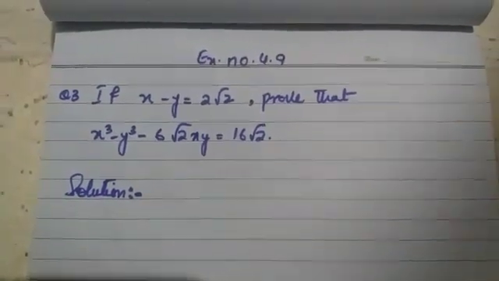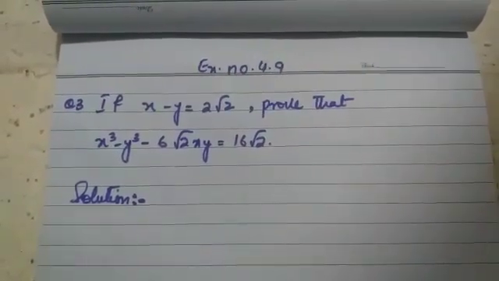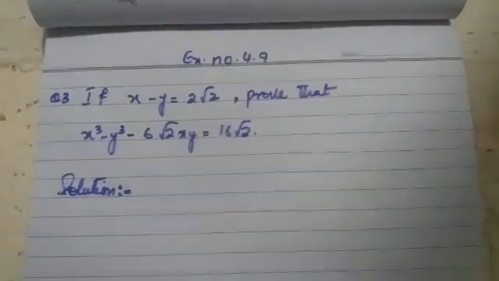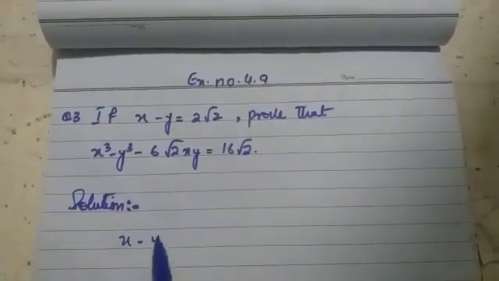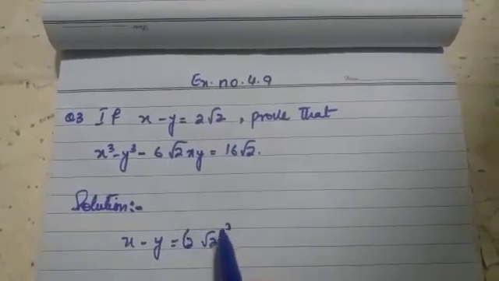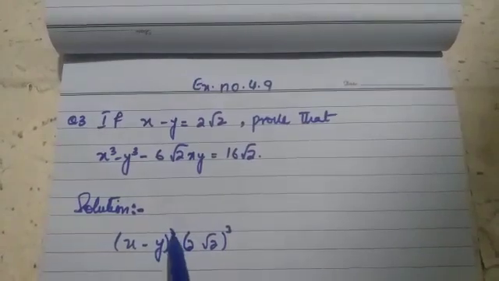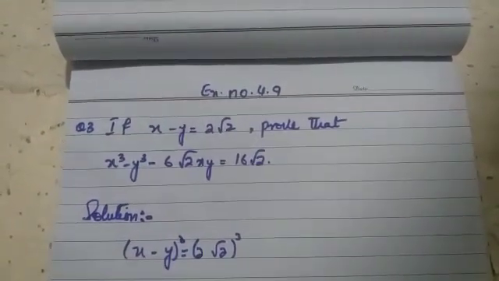So over here we are going to take the part x minus y is equal to 2 under root 2 for cubing both the sides. Now x minus y is equal to 2 under root 2. By taking cube on both sides, see what do we get.